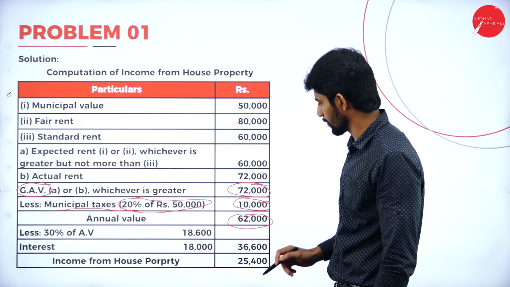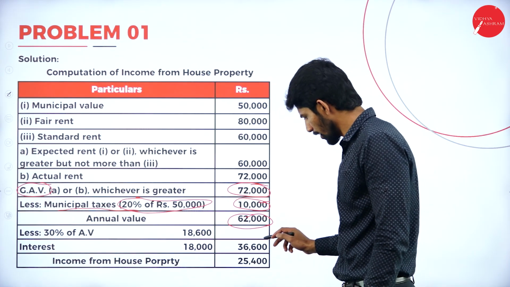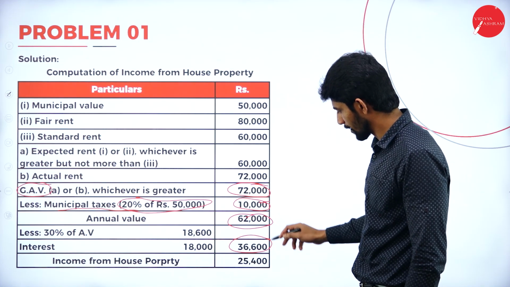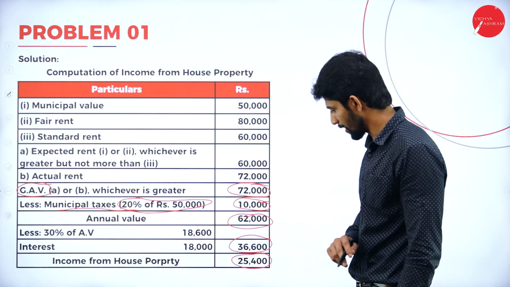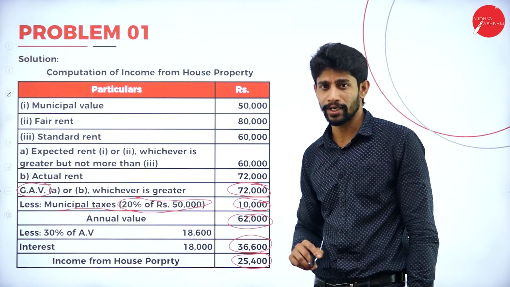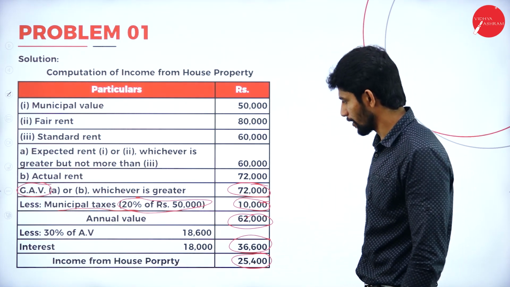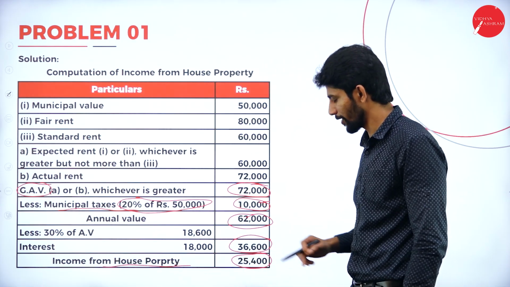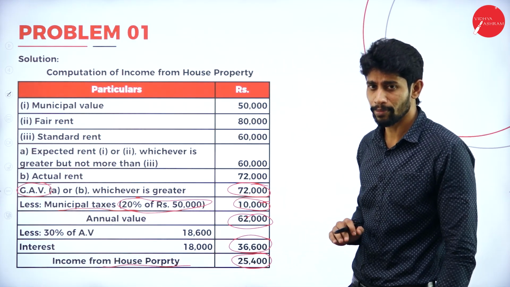So write down that 18,000 interest and in total deduct 36,600 from 62,000. You will get a balance of 25,400. That balance of 25,400 is called income from house property.